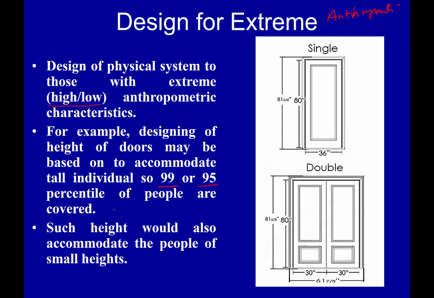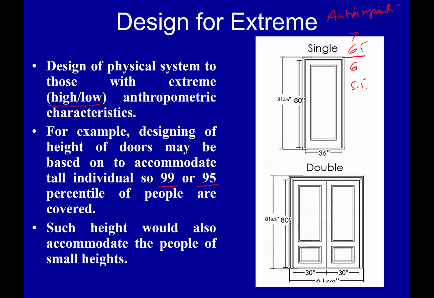Depending upon the percentile of the people you want to cover, select the anthropometric data accordingly to come out with the height of the door. So we could have a door height of 5.5 feet, 6 feet, 6.5 feet or 7 feet.